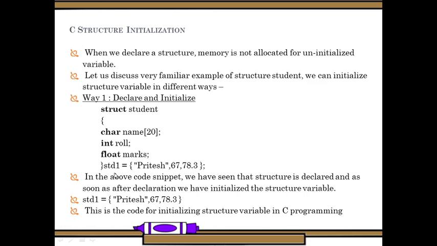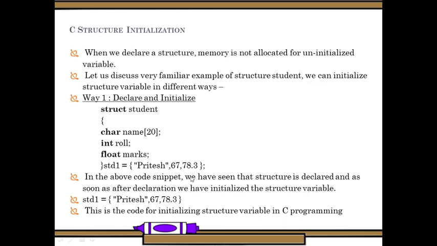So std1 is equal to, and we initialize. The first initialization is like the name is Pritesh, roll number is 67, marks is 78.3. This is one way. It means that immediately after the structure declaration, you can initialize.